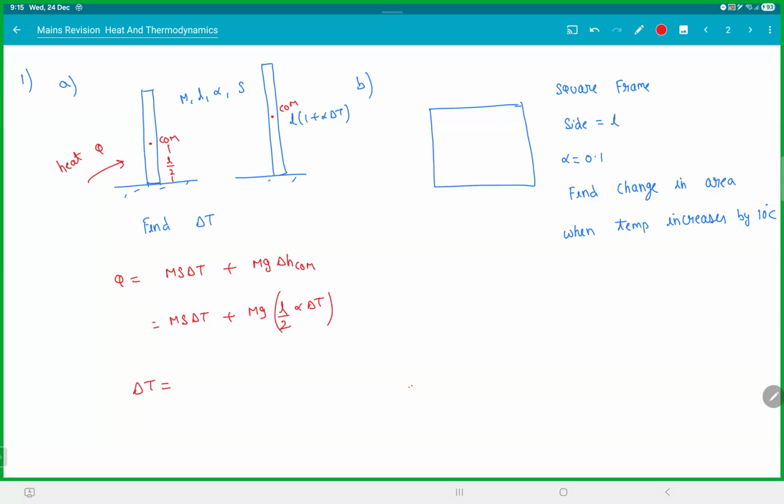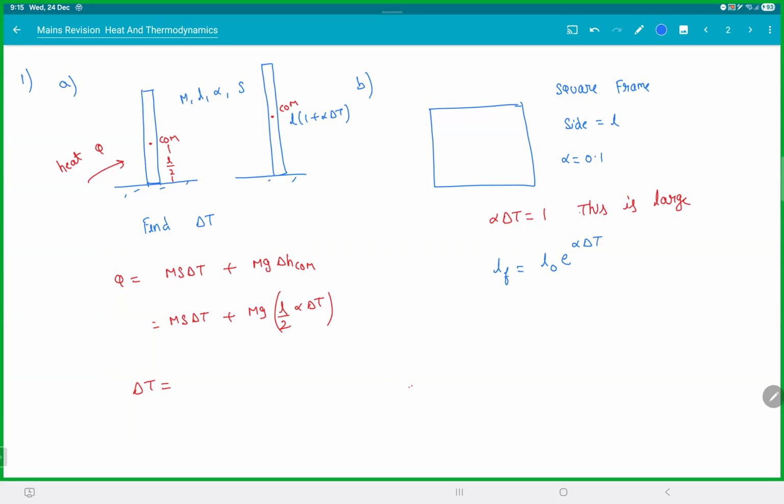What about this thing? If you see here, alpha delta T is 1. This is not small, this is large. If alpha delta T is not small, then the actual formula is this. L final is equal to L naught into e power alpha delta T. This is the actual formula for thermal expansion.